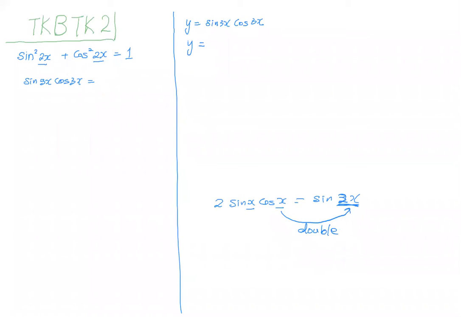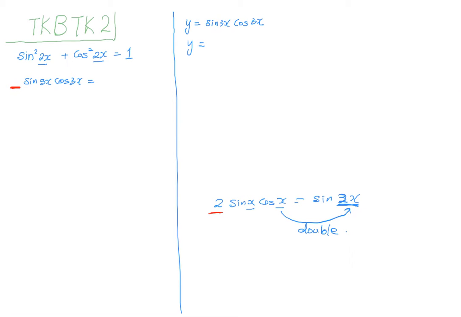So now, can you please tell me what is the value for this one? How can I simplify this to one single term? Sine 6x. Do you see the difference between this one? Is there a 2 there? No, there's a 1.